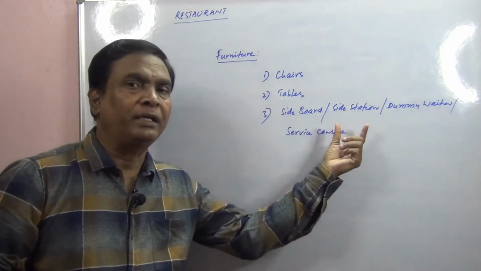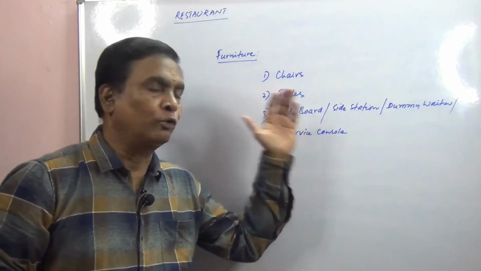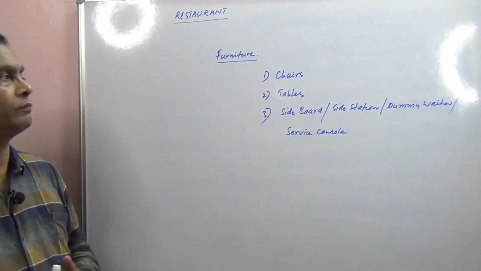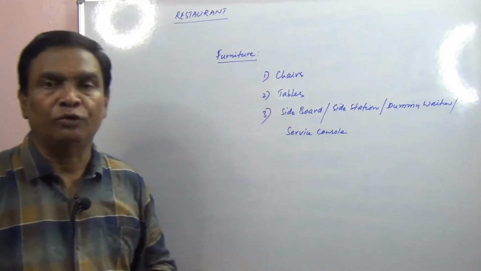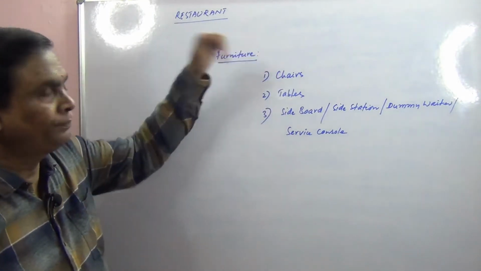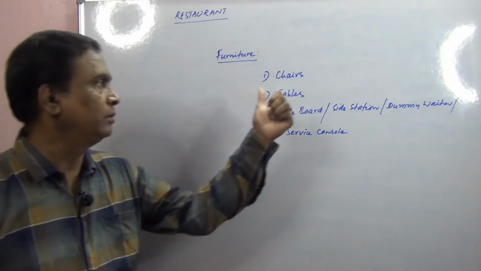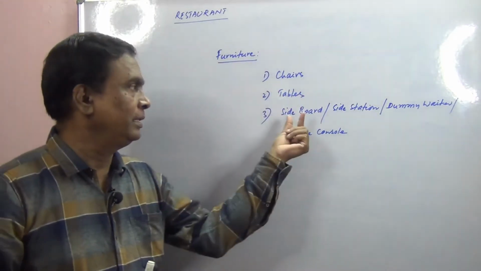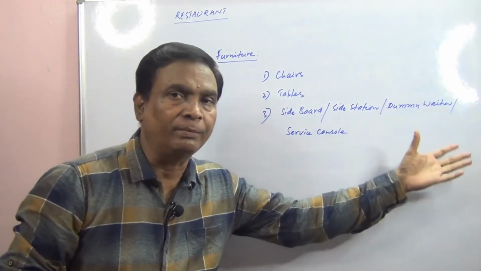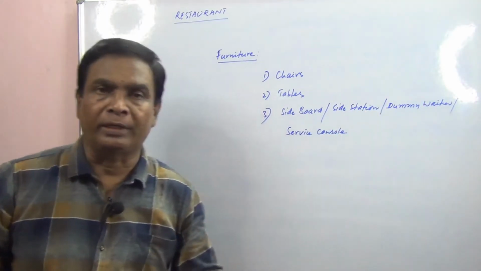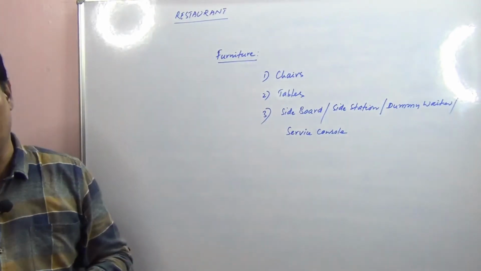We will have a separate video about sideboard. So some of the furniture that you find in a restaurant: chairs, tables, sideboard, also called as a side station, also called as dummy waiter, or you can also call it as service console.